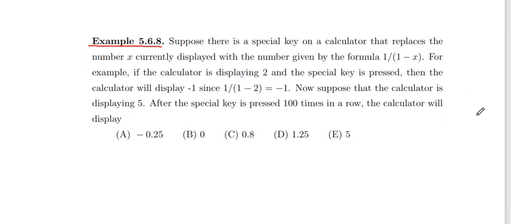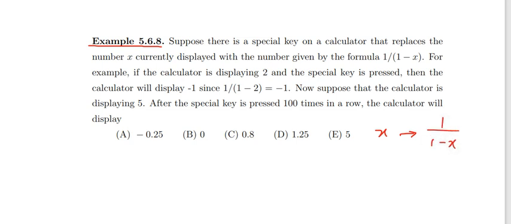Okay, so let's check this problem. Suppose there is a special key on a calculator that replaces the number x with the number given by the formula 1 minus x.